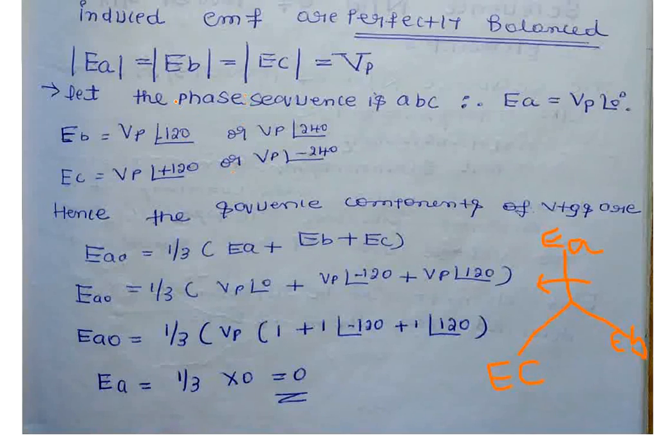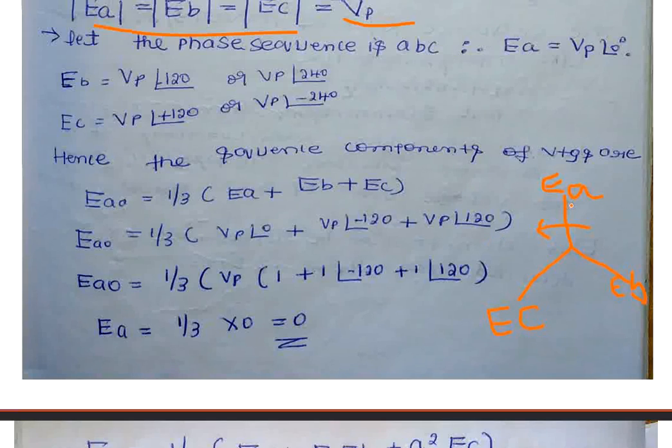Here I assumed EA equals EB equals EC in magnitude, and that combined name I have given is VP. Let us consider EA as my reference at 0 degrees. If I want to write EB in terms of EA, EB equals EA into 240, or EA into A square.